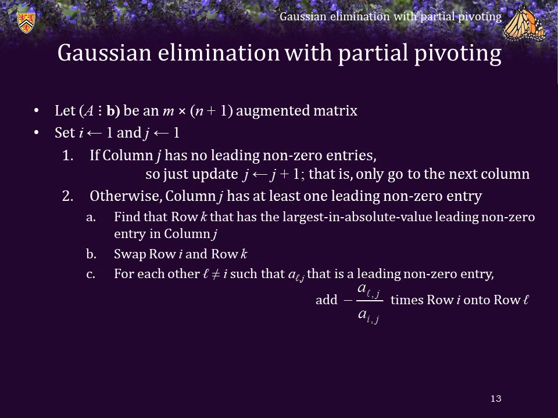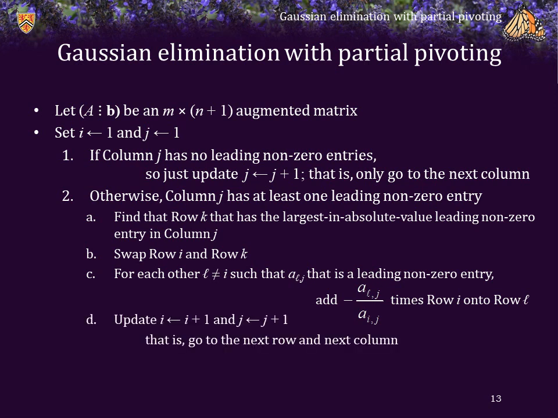So if A sub Lj is a leading non-zero entry that is not in row I, then if we add negative ALJ over AIJ times row I onto row L, then that will have the effect of zeroing out that other leading non-zero entry.